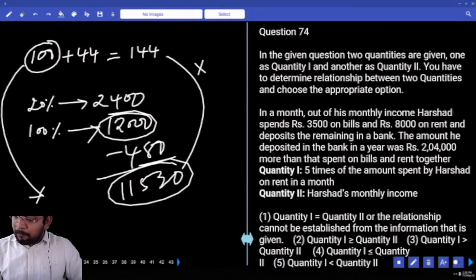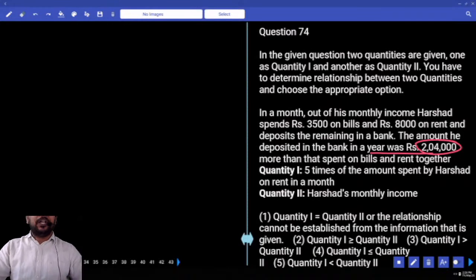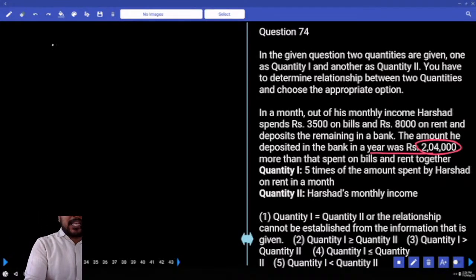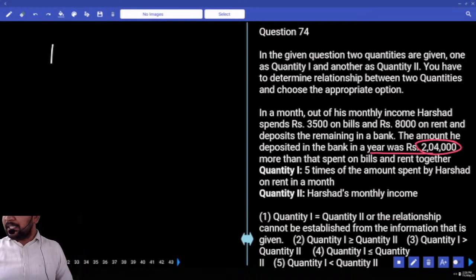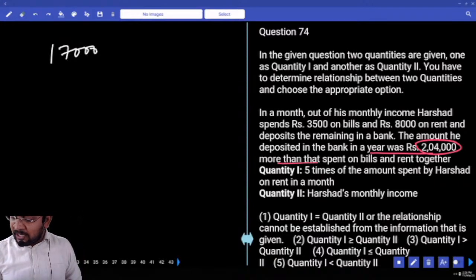First of all, this is 1 year, but we need monthly. Therefore we need to divide by 12. 12 ones are 12, remainder is 84, 12 sevens are 84. So 17,000 more than that spent on bills.